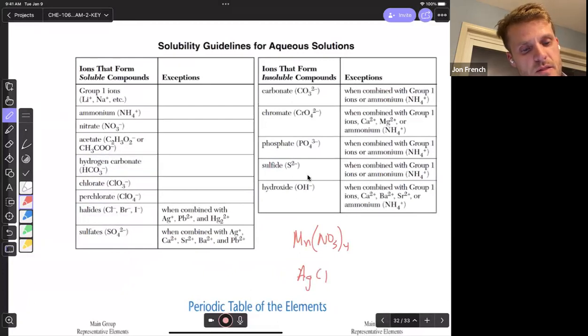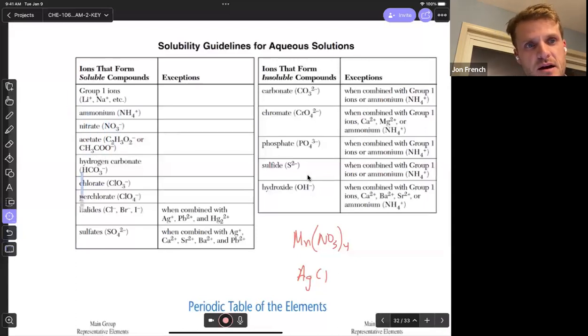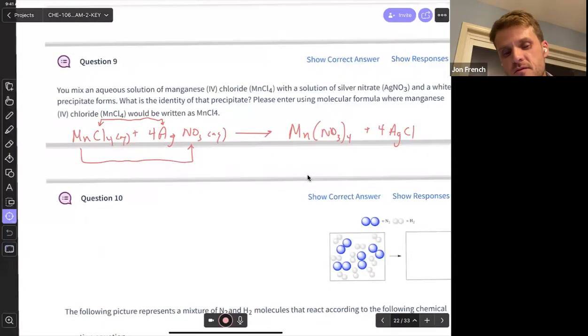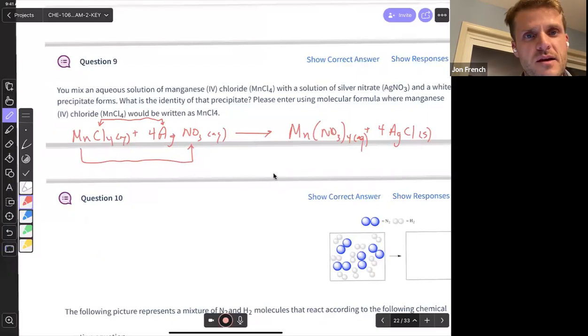Nitrate is always soluble, so the manganese nitrate is not going to precipitate. Here are the chlorides. Chloride will precipitate when I have silver, lead, or mercury in the solution. I've got silver, so the identity of that precipitate has to be the silver chloride. That has to be our solid, and our manganese nitrate will be aqueous.